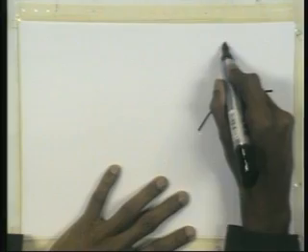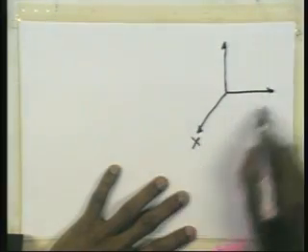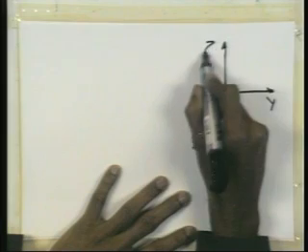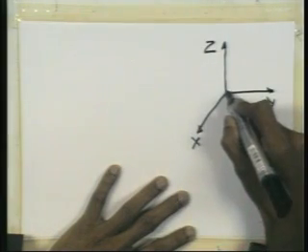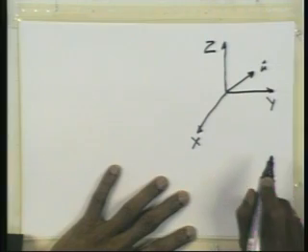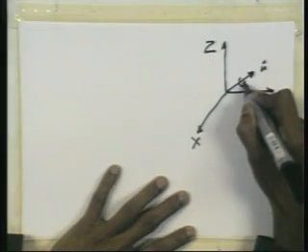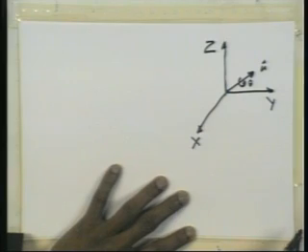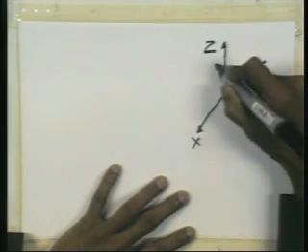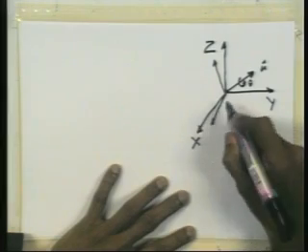So if you have a global reference frame, and if you have some axis, let's say u, about which you rotate by angle theta, fine, you will get the new position of the reference frames.